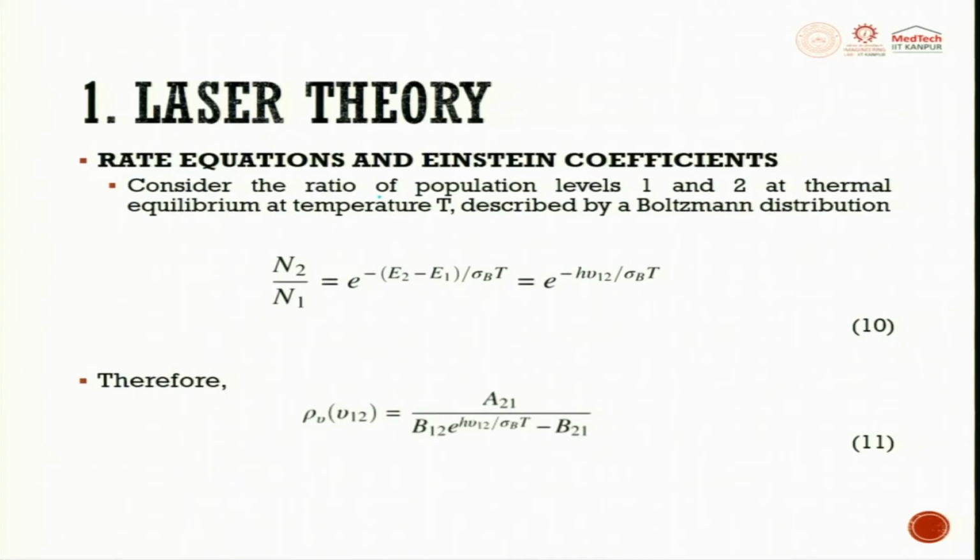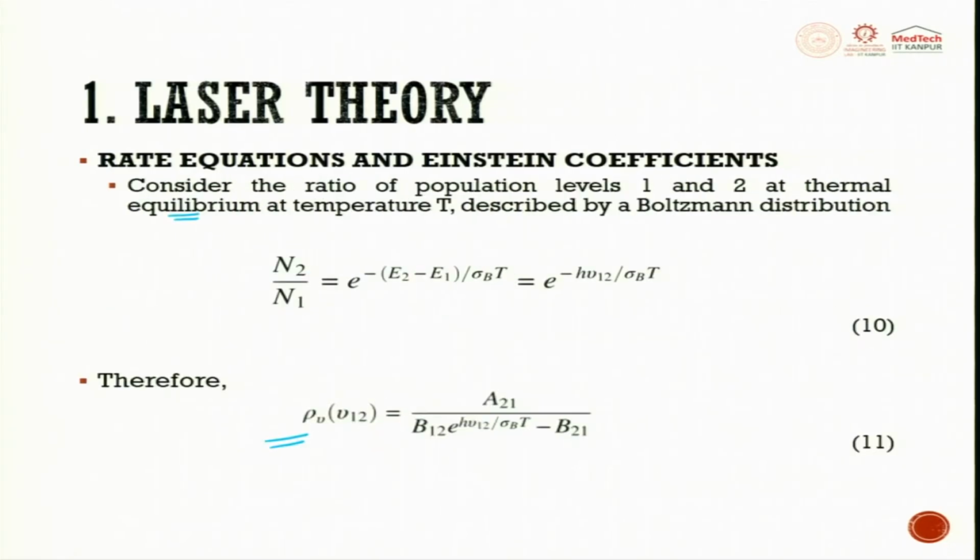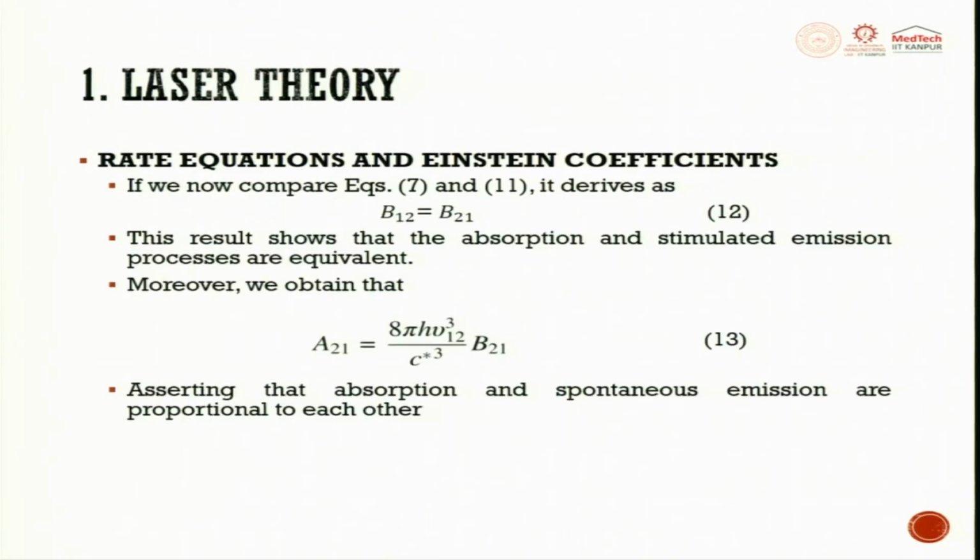Considering the ratio of population levels 1 and 2 at thermal equilibrium temperature T, it is given by N2 by N1, which is e to the power negative (E2 minus E1) divided by k_B T. When you combine this with the previous equation, you get the energy density rho nu.